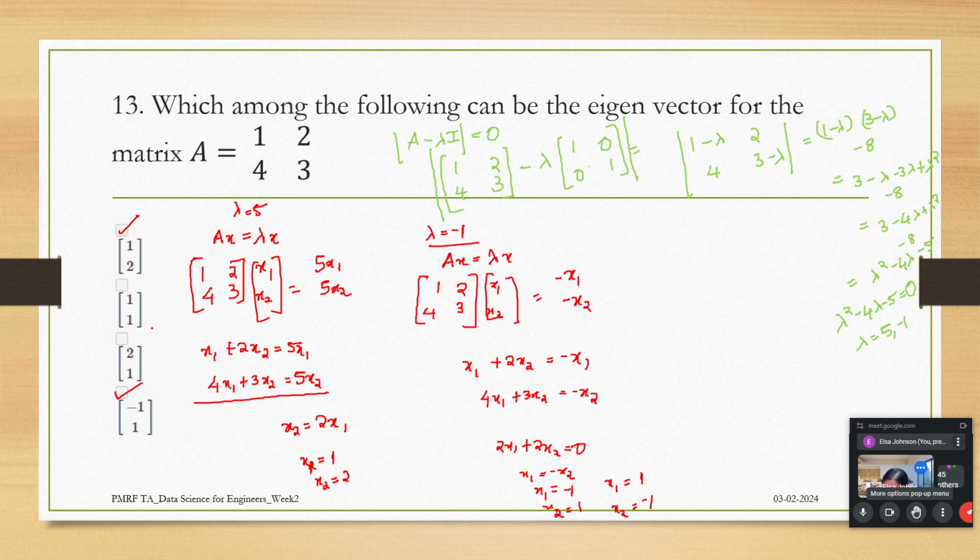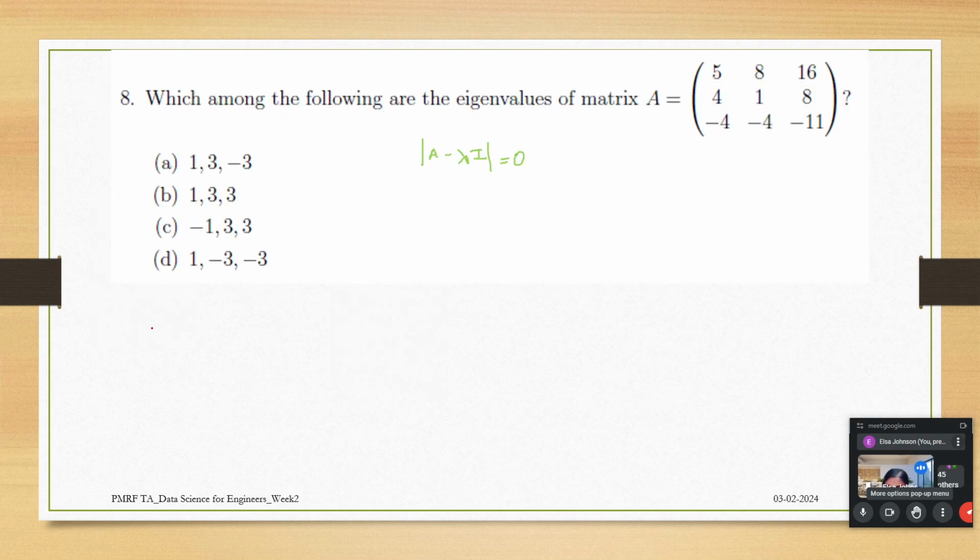Okay, yeah. Now we'll go back to the earlier equation. You don't have to solve everything every time. For this question it's 5 8 16, 4 1 8, -4 -4 -11.